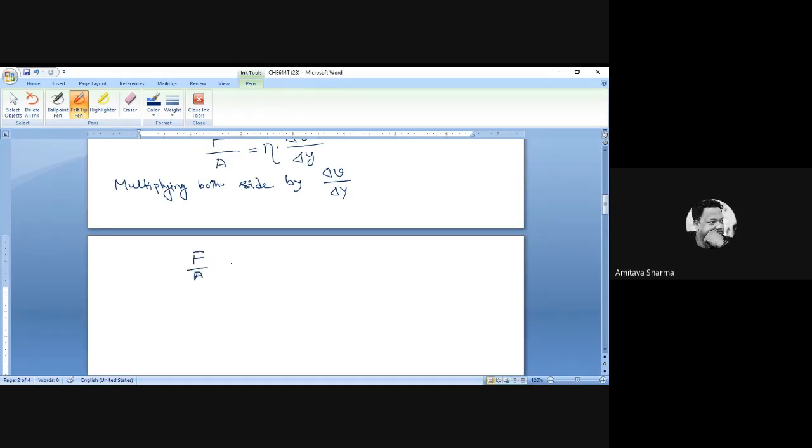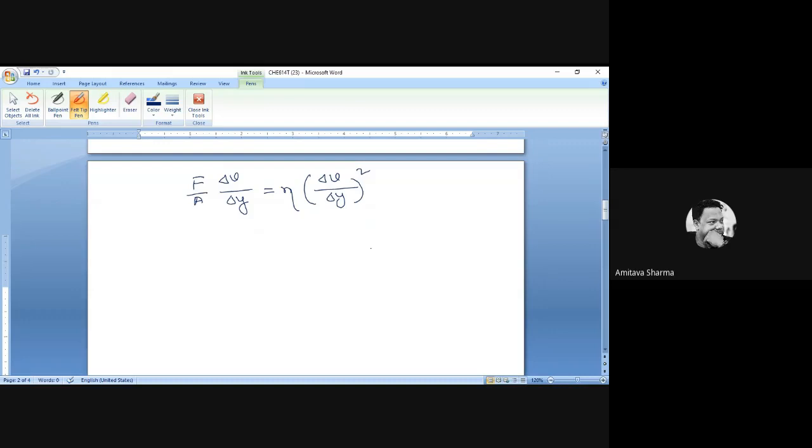Suppose F by A, now by using equation 2 we can write this, equation 3.